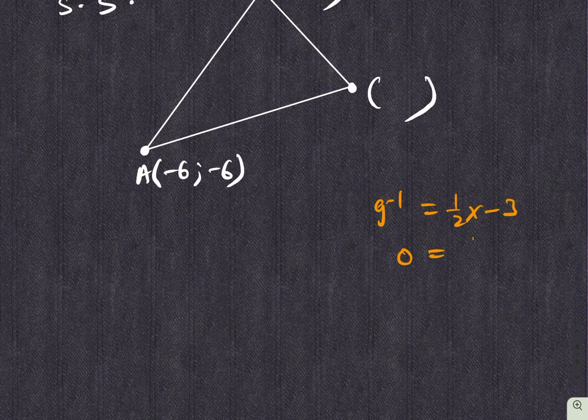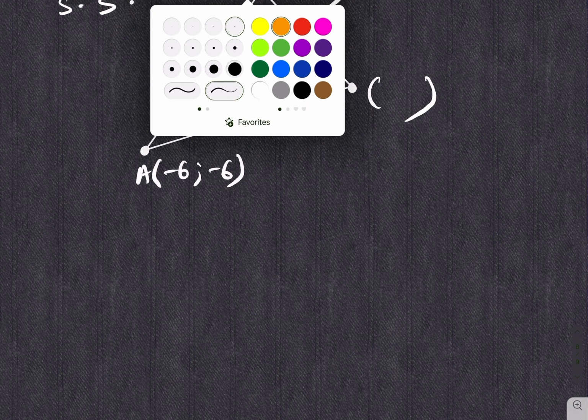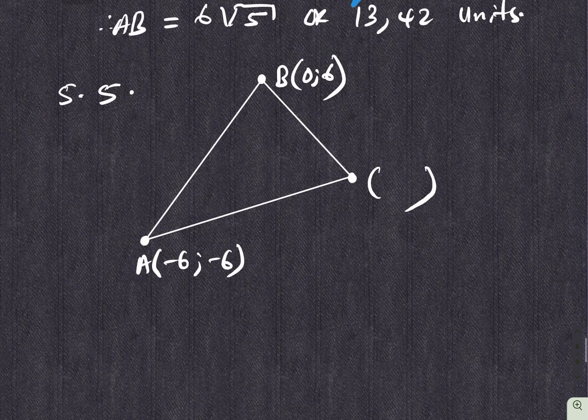That should be 0. Therefore, x at C is going to be 6, positive 6, right? This is how you will redo that. So let's delete this and write it properly. At C, that is (6, 0).